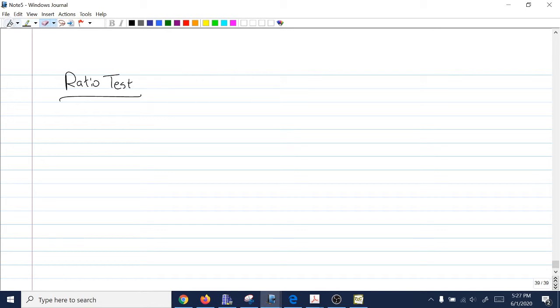Suppose... How did I write it on my thing? Stop trying to freehand it. Read your notes, Andy. Ratio test. If a_n is positive... It doesn't need to be positive. This is bad notes. Don't look at your notes so much. Okay.